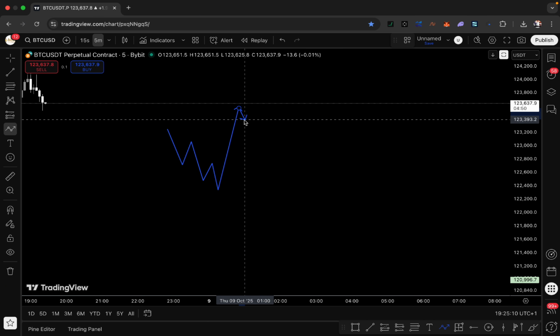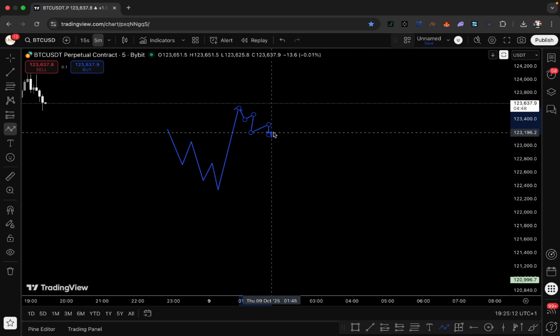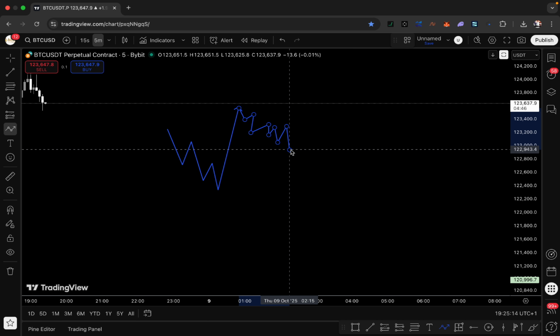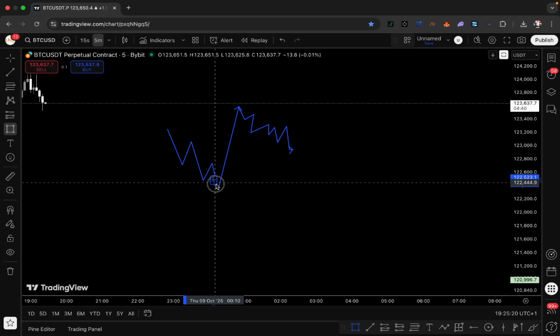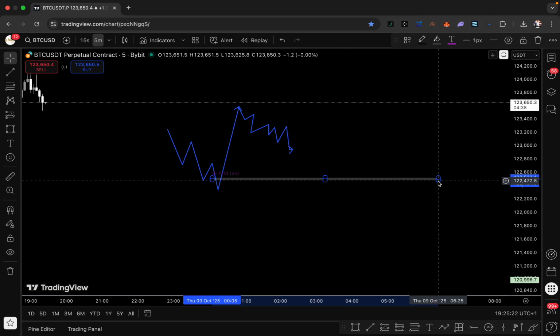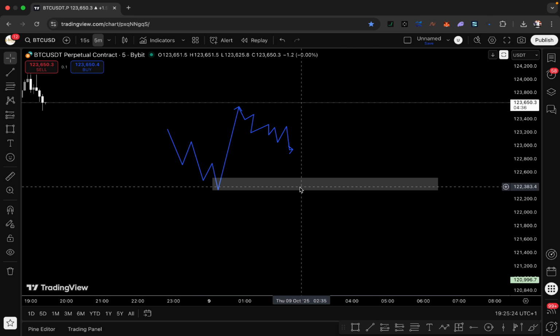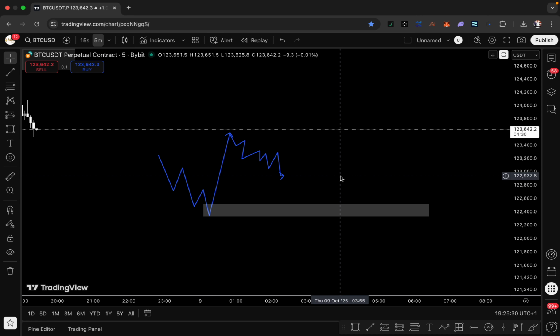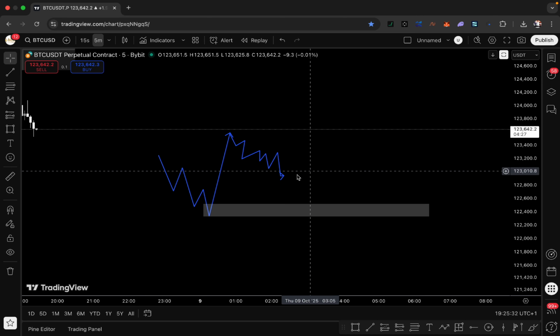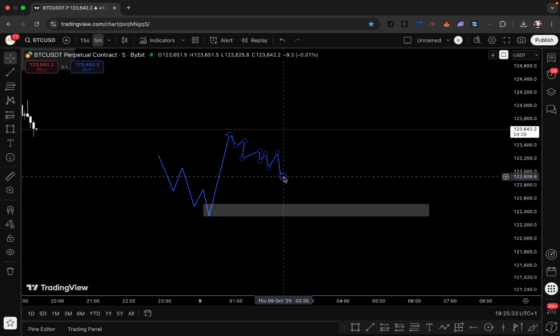It just starts ranging. In this kind of market, you can't just set your limit order blindly and wait for the market to come here before buying. That is risky. Yes, you can do it sometimes and it will work, but I'm telling you, it is really, really very risky.